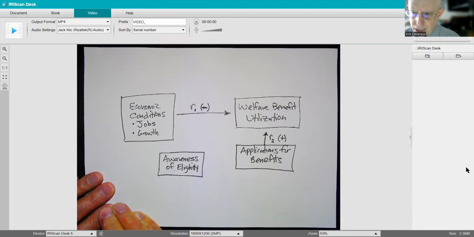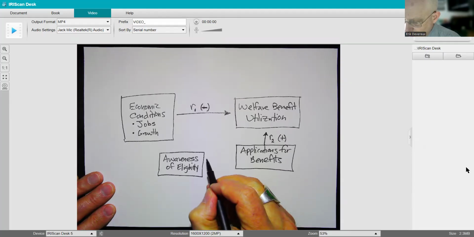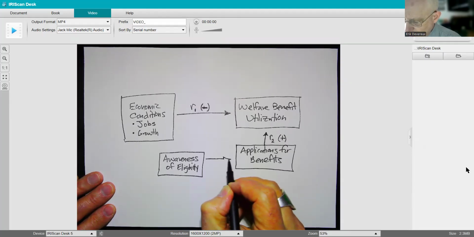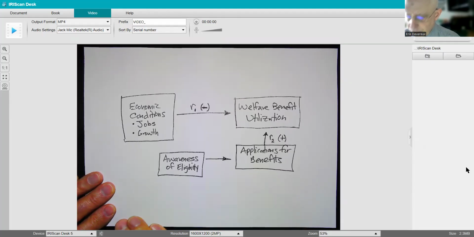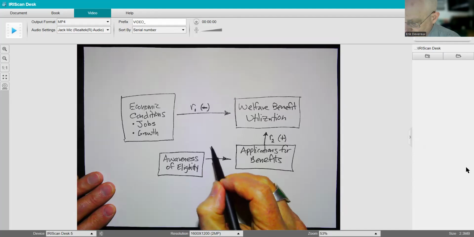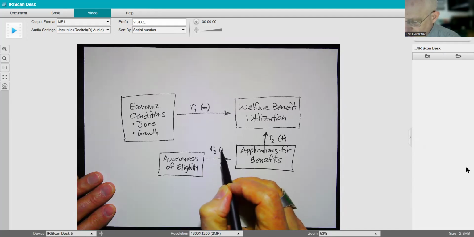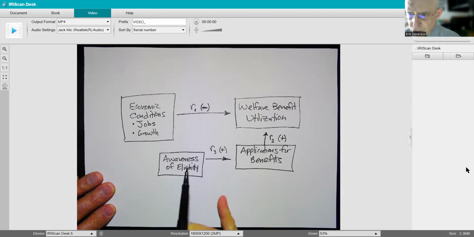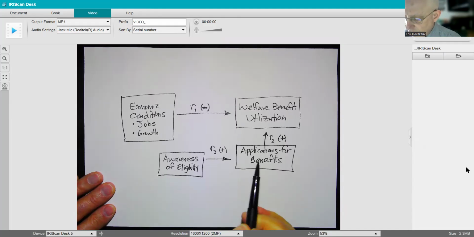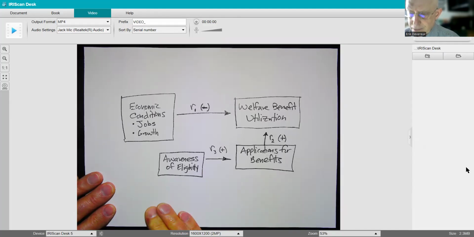Are they aware that they can get these benefits? So we would expect another rate in here that as awareness of eligibility goes up, we would have a positive relationship. So we're building a model that says awareness of eligibility can cause applications for benefits to increase, and that can increase welfare benefit utilization, okay?